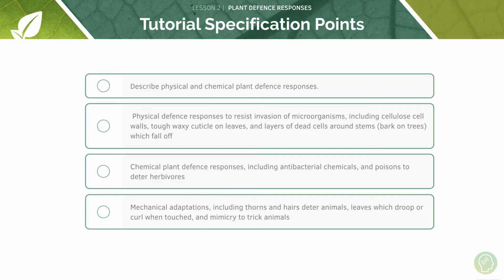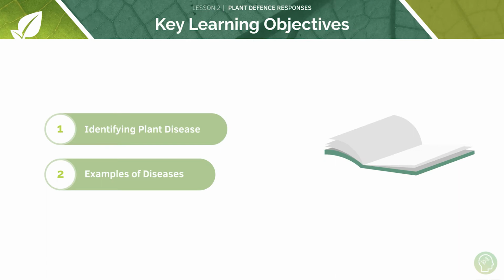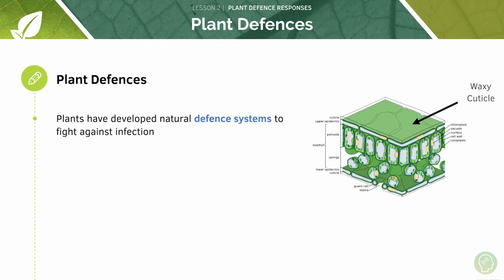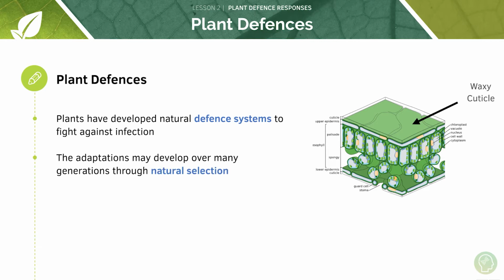So these are our key learning objectives for today and the relevant specification points. So first of all, let's have a look at plant defences. Just like humans, plants have developed natural defence systems to fight against infection. And these have evolved over many generations through natural selection.